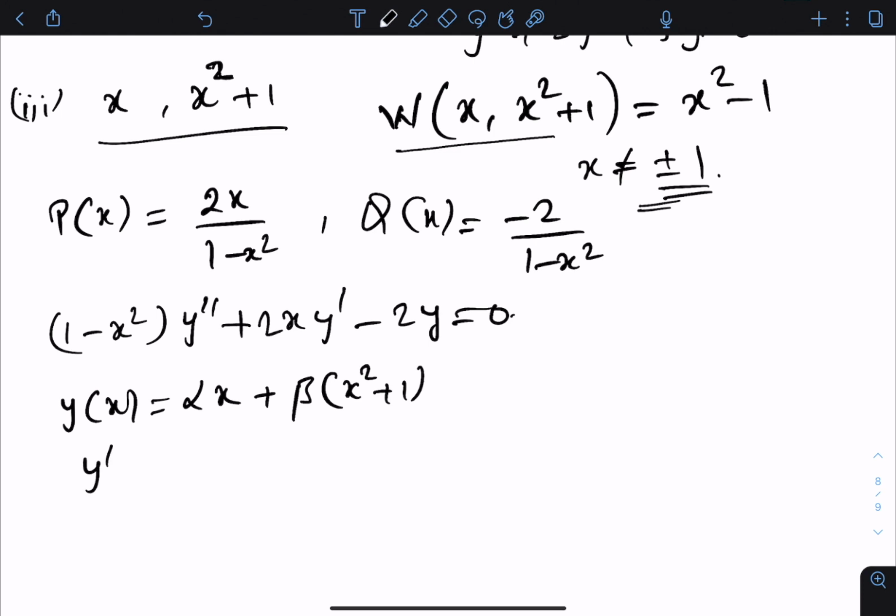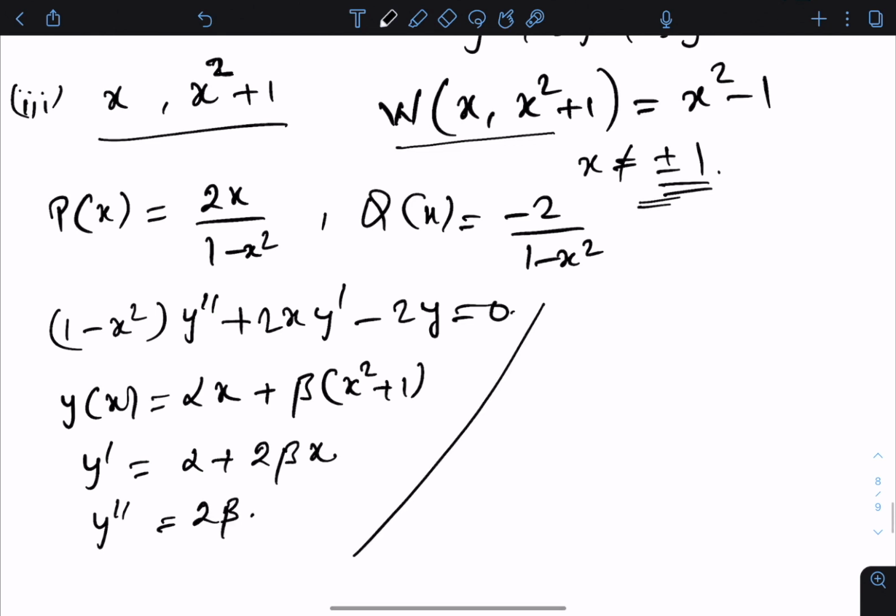If you differentiate once, what you will get is y prime equals alpha plus 2 beta x, and if you differentiate once more, you get y double prime to be 2 beta. So now you use this information to eliminate. So y prime is alpha plus x y double prime. So that gives you alpha is y prime minus x y double prime.